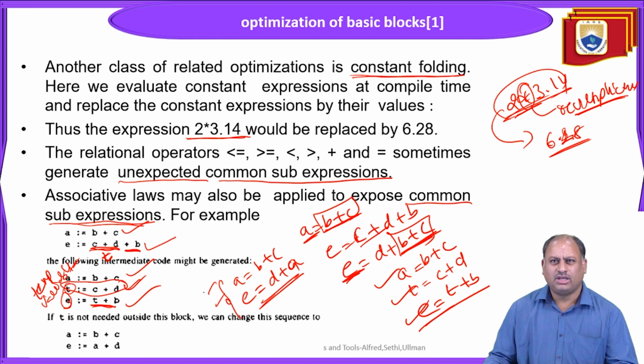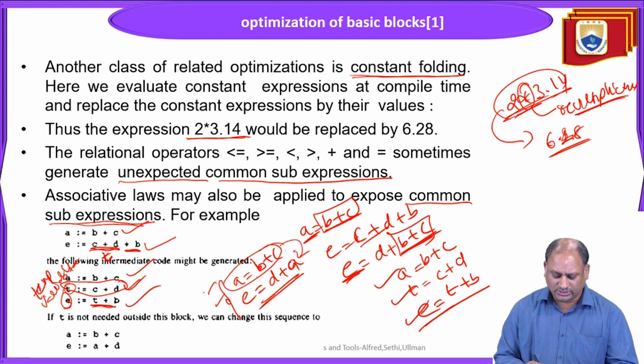That is the unexpected way of getting sub-expressions that are commonly available in some of the expressions, and here that expression is B plus C. B plus C we are able to find, and it is common to the first expression and also common to the second expression.